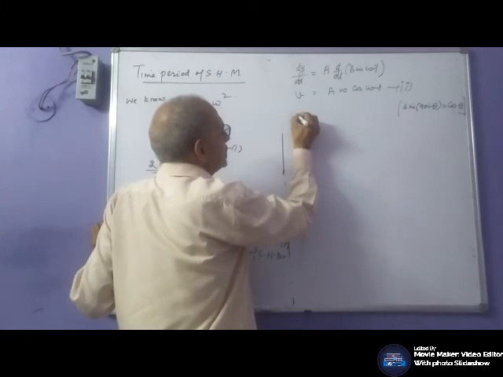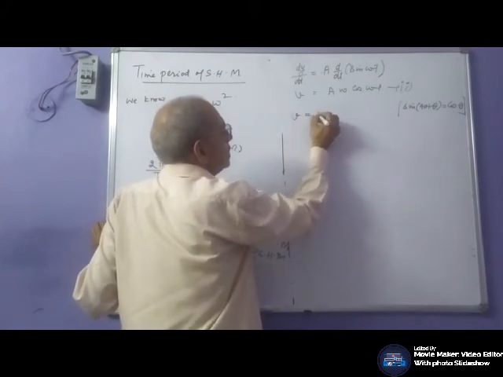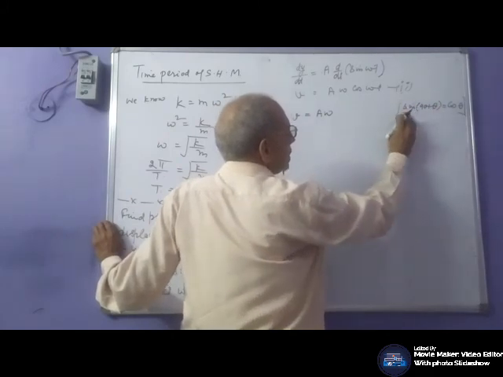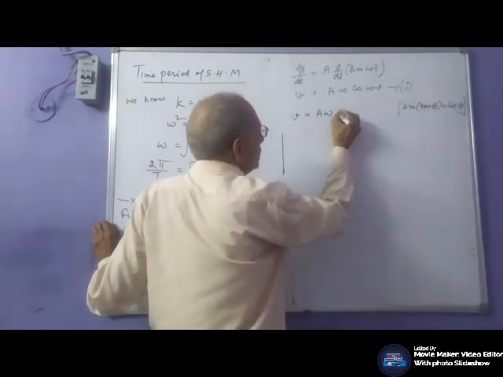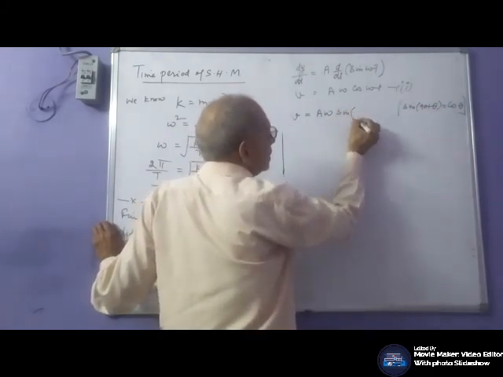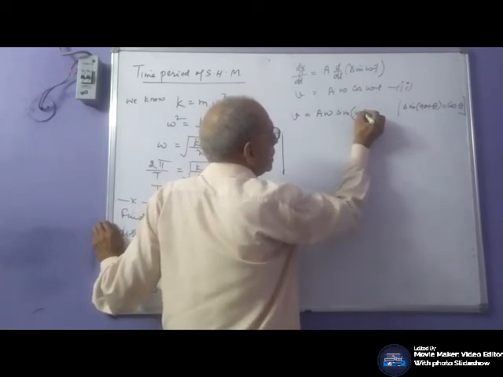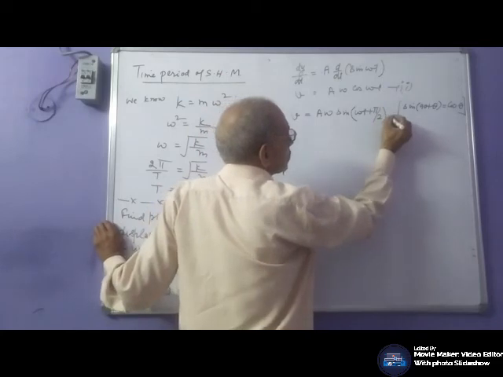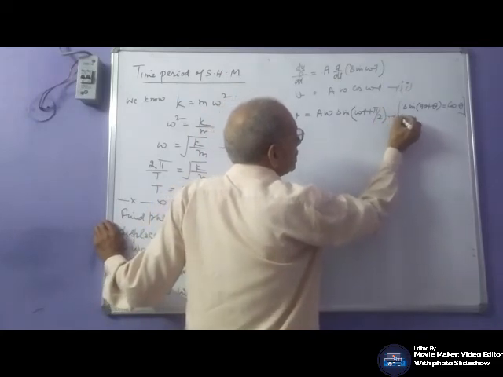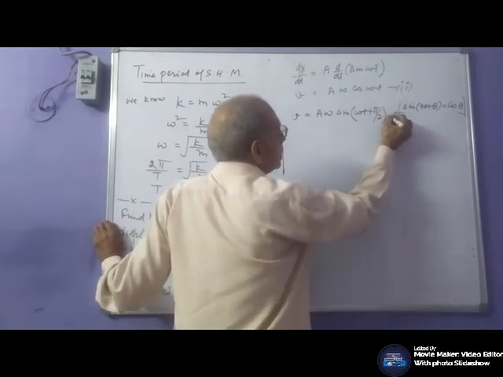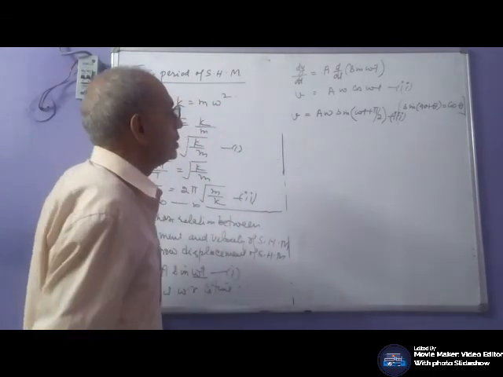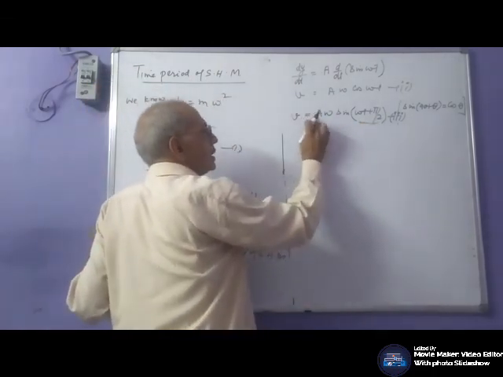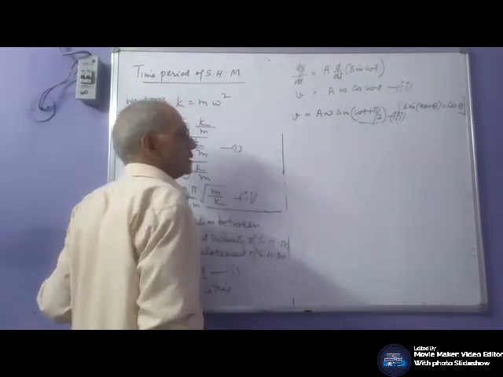So this equation becomes A omega sin of 90 plus theta, sin theta plus 90. So this is the phase of velocity. This is plus, this is sine, this is phase.